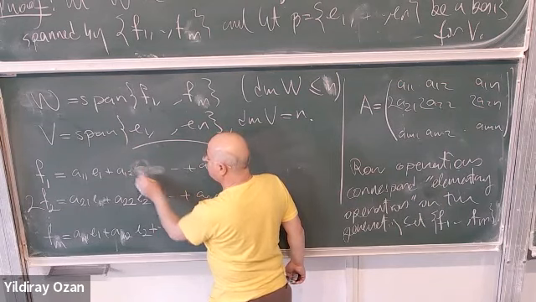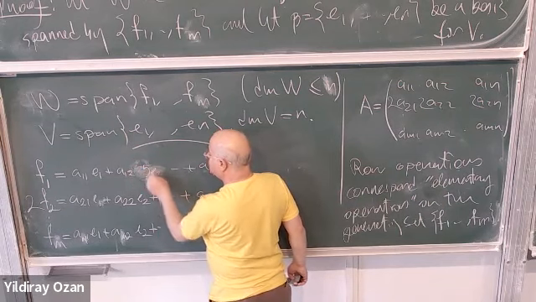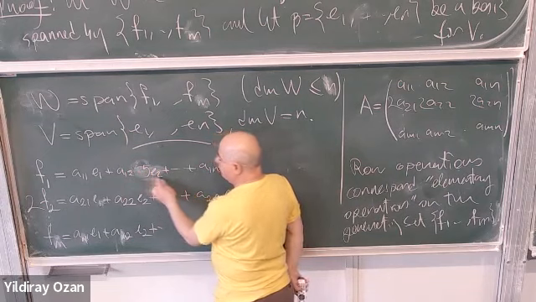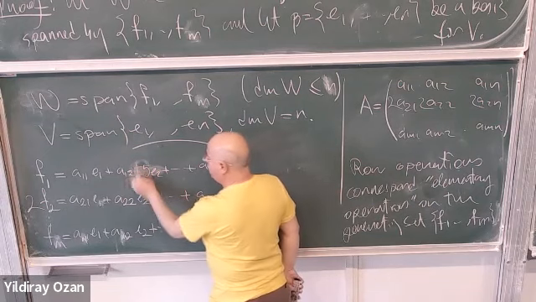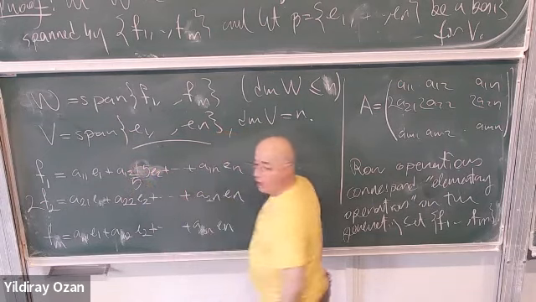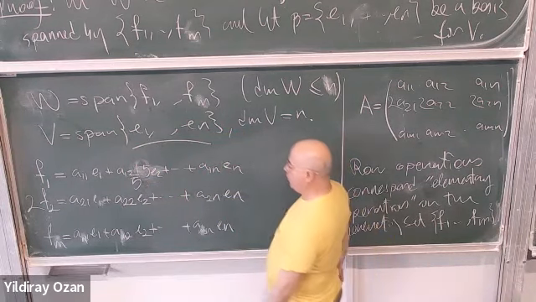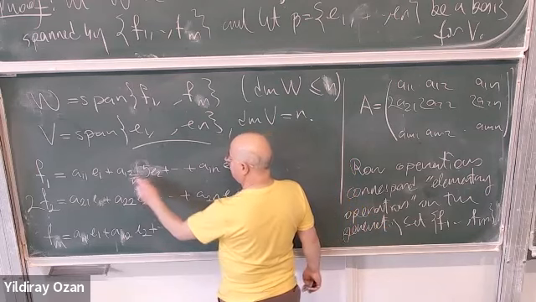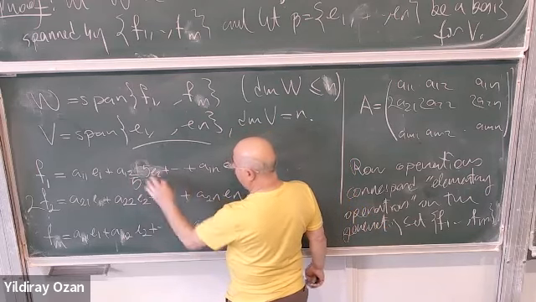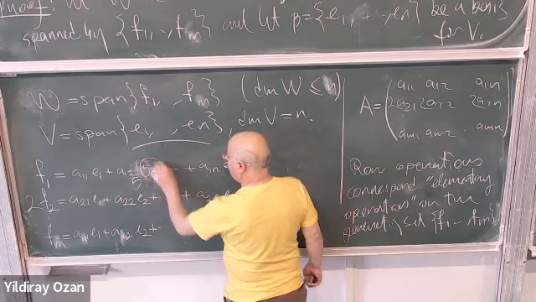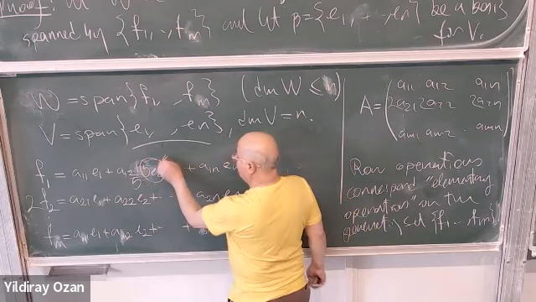So here I should write 5 times E2, but then not to spoil the equality, I should divide also with 5 so that the equality doesn't change. And now this is just E2 prime.